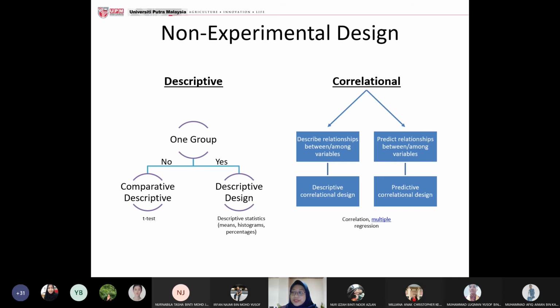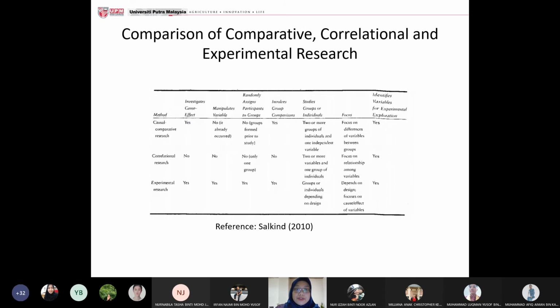So we really need to look at the time that we have. I hope you guys can look at that and think about your own study. And remember, this is for non-experimental design. If you have experimental or quasi-experimental, we'll look at that afterwards in a few moments.